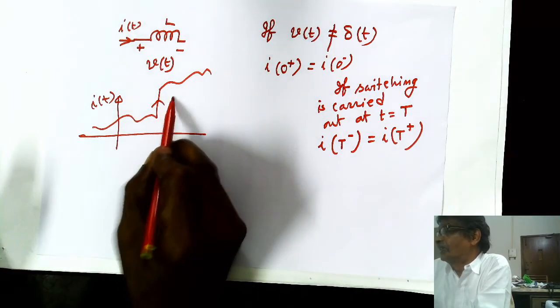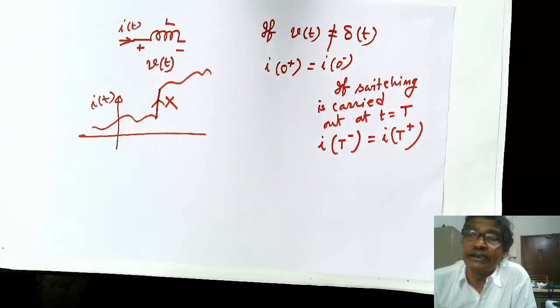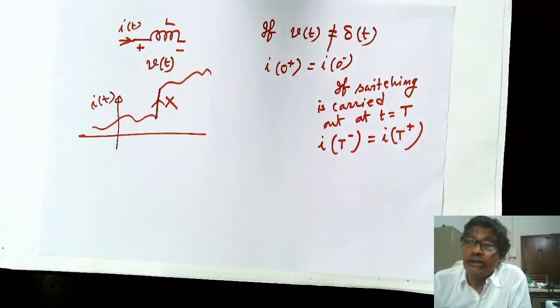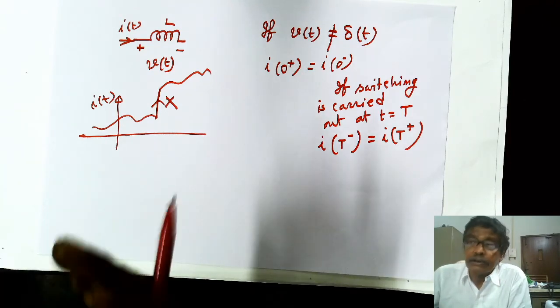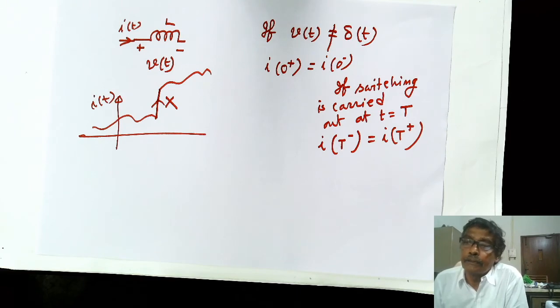This sort of change of current in no time in an inductor is not possible so long as you are applying reasonable voltages. Reasonable voltage means discontinuous square wave pulses are allowed, no problem, that I told you, but you are not applying delta t.